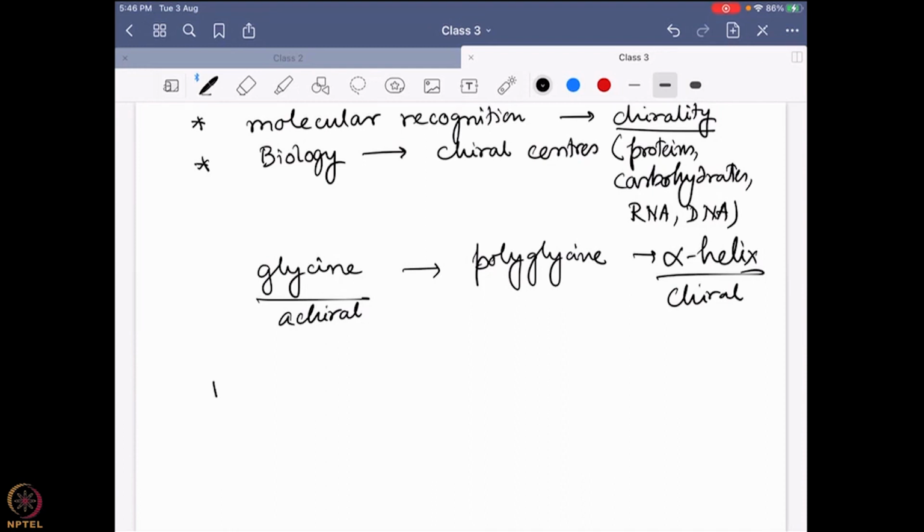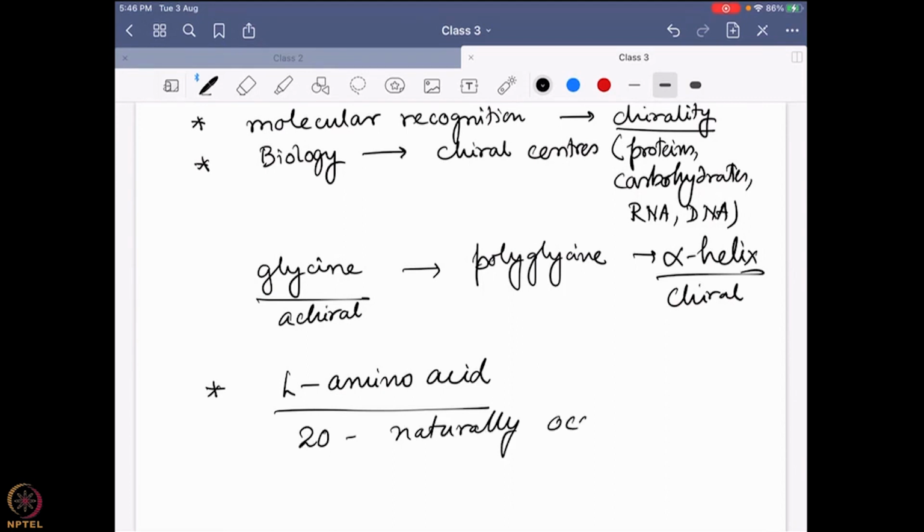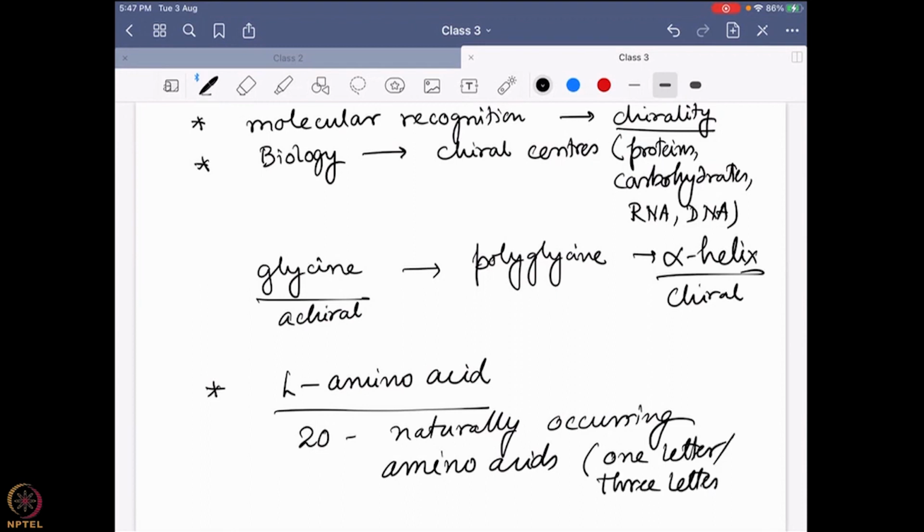And then the other thing we learned is what an L amino acid is. We now learned how to draw an L amino acid, and we learned all the 20 naturally occurring amino acids, and how they're drawn, what their 1 letter and 3 letter codes are, and how they're defined.